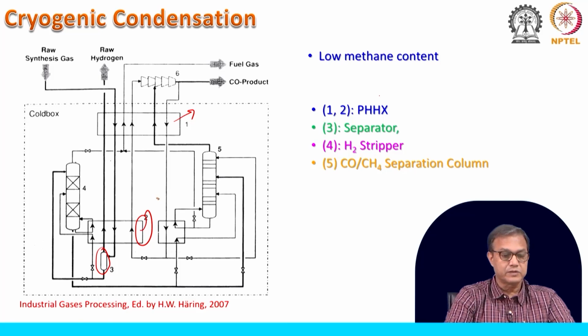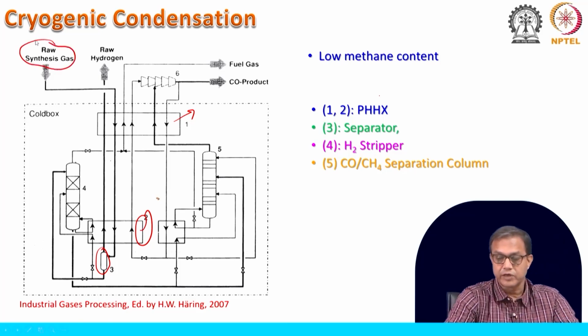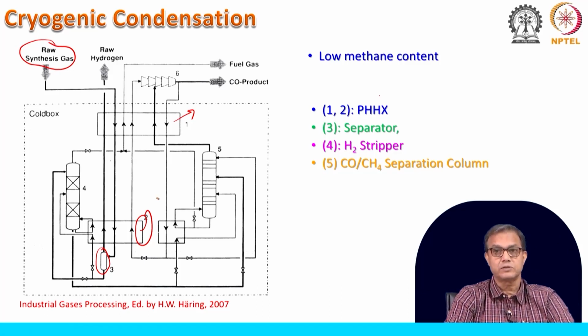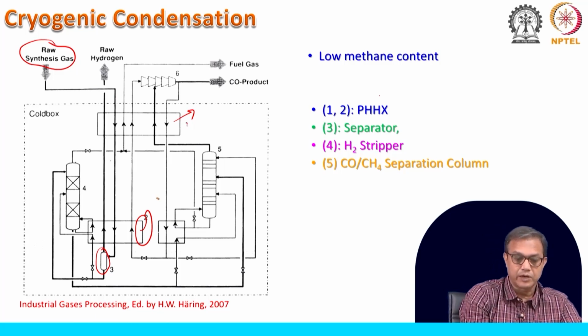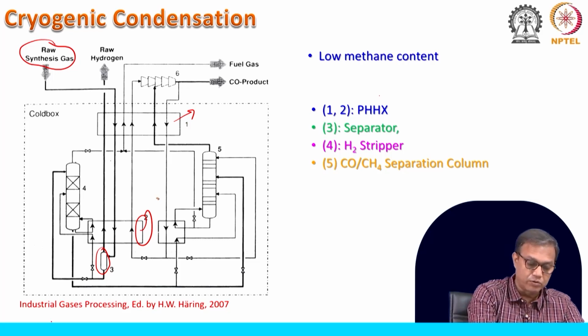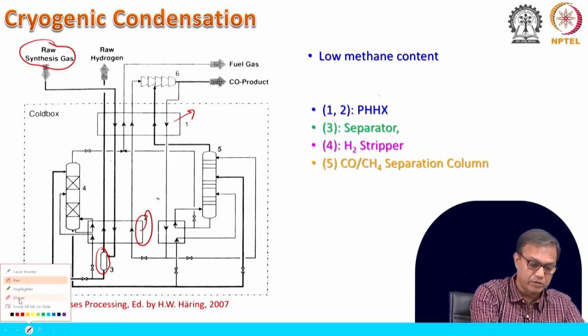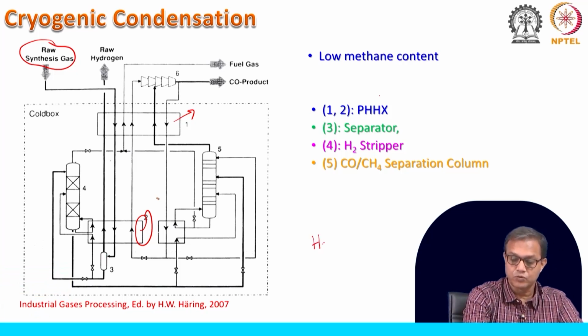So, here what we see is that we have the raw synthesis gas. That means, we have a mixture of CO plus CH4 plus H2, and that is coming and getting cooled in heat exchanger number 1 and number 2, and they are cooled to such an extent that when it comes over here, it will be cooled down, and it will separate from H2.